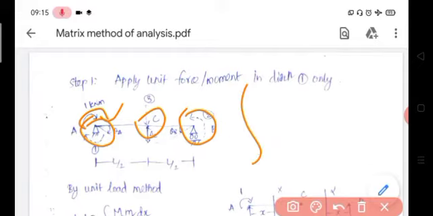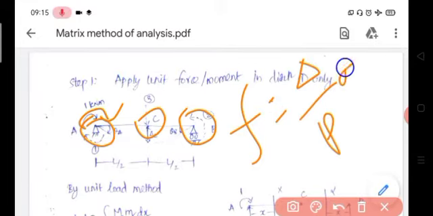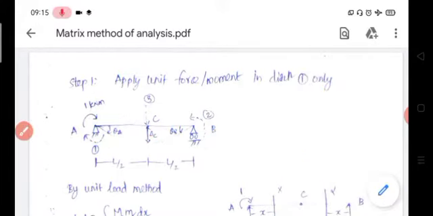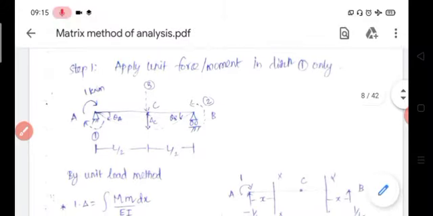Flexibility is either deflection divided by force, or rotation divided by moment. Coordinate 3 is a force, so we have to determine the displacement.